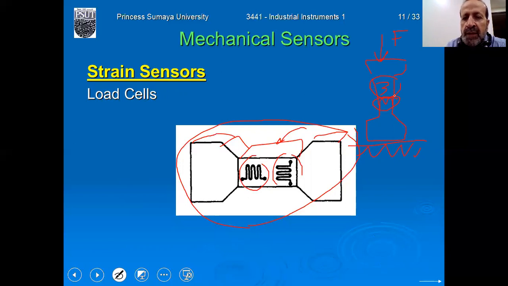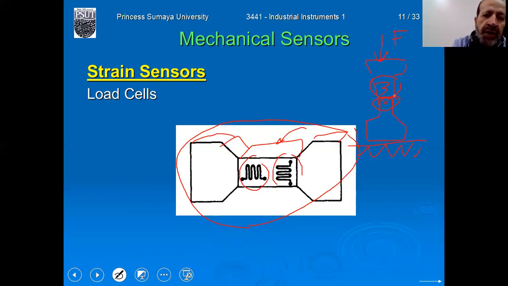The signal conditioning is also the Wheatstone bridge. Most of the time the Wheatstone bridge is built in with the load cell. So all or most electronic weighing instruments use this load cell in order to measure weight.